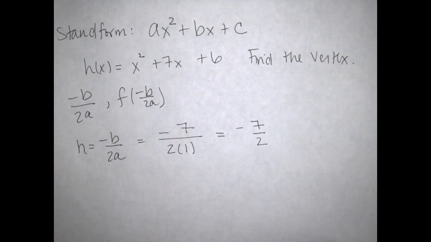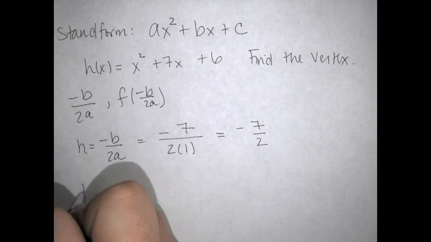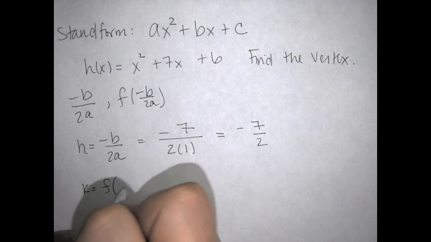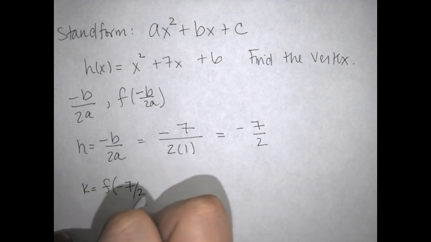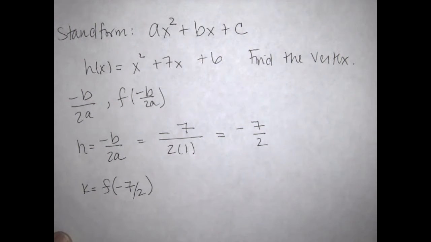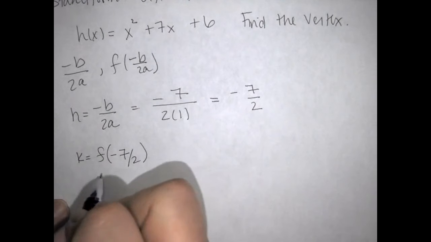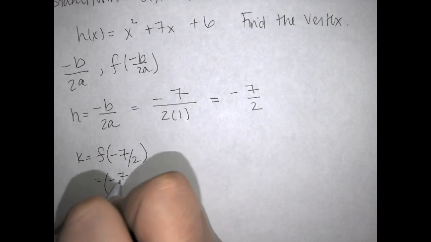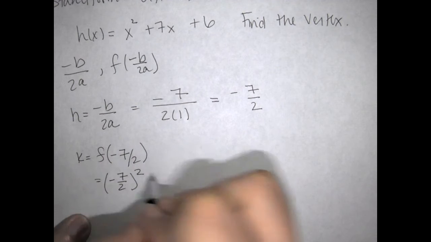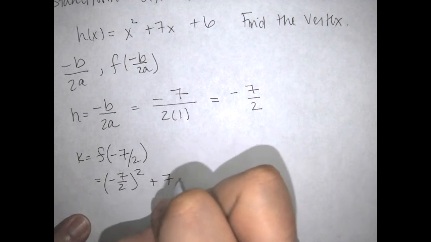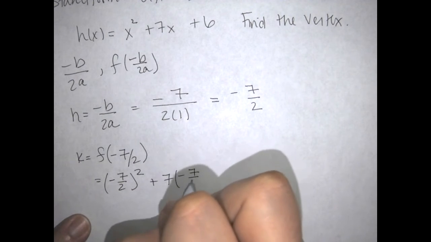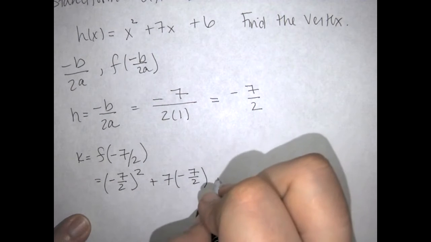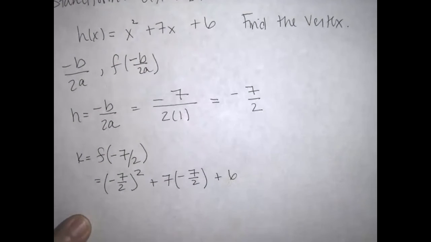Once you find your h value, you need to find your k value. So here, k is the function of negative 7 halves, because it's a function of negative b over 2a. So anywhere we have an x, we have to plug it in. So this is negative 7 halves squared plus 7 times negative 7 halves plus 6.